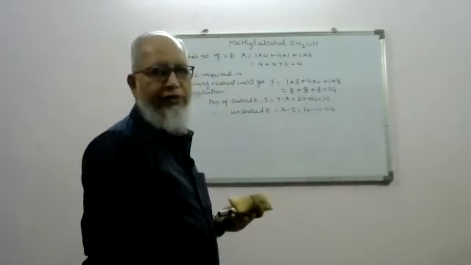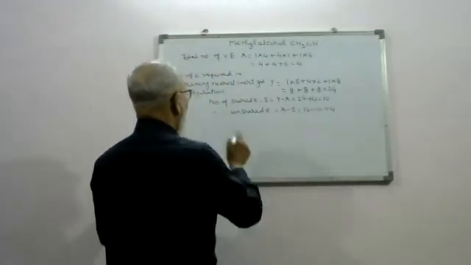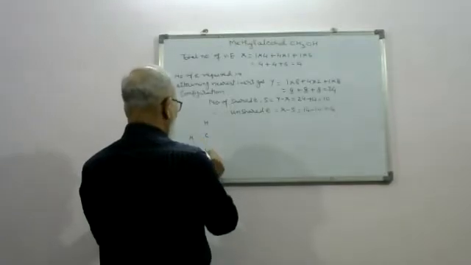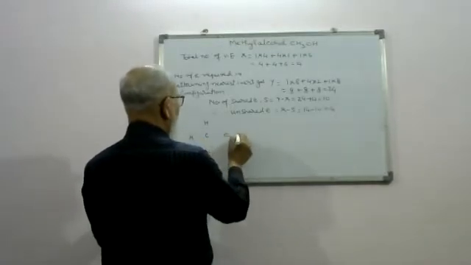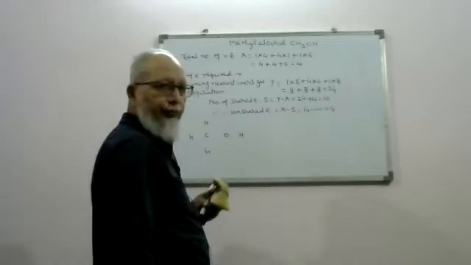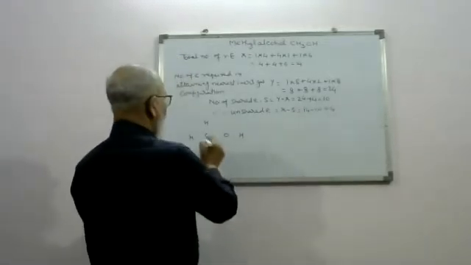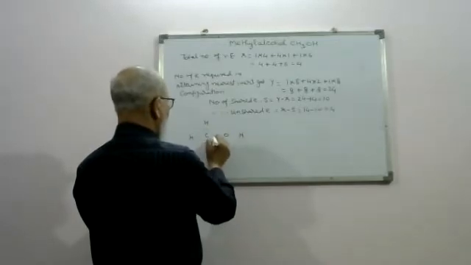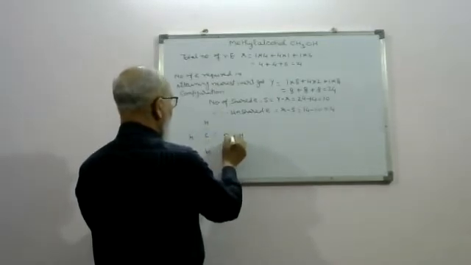Now let us draw the Lewis dot structure. So one Lewis dot structure may be this. Two electrons, two electrons, two electrons, two electrons, two electrons.